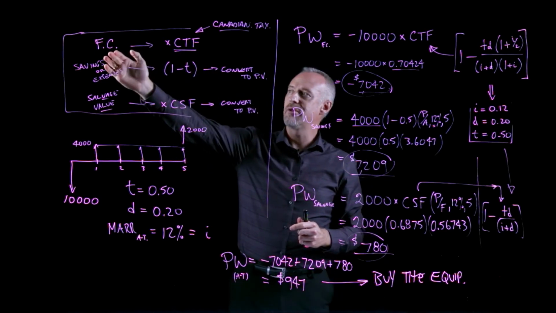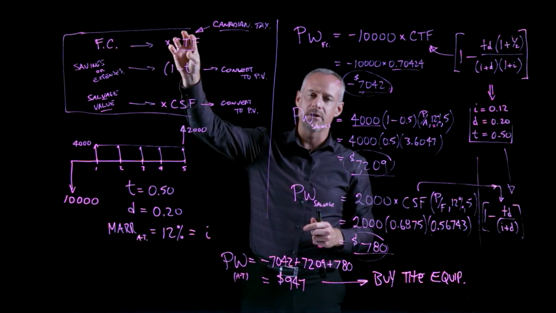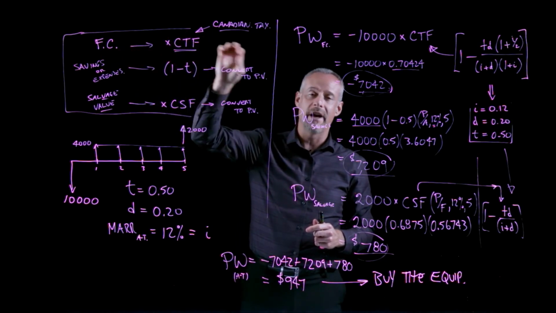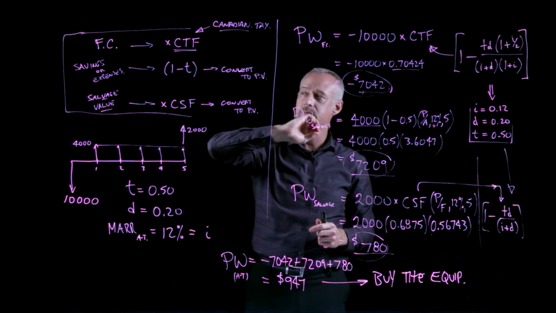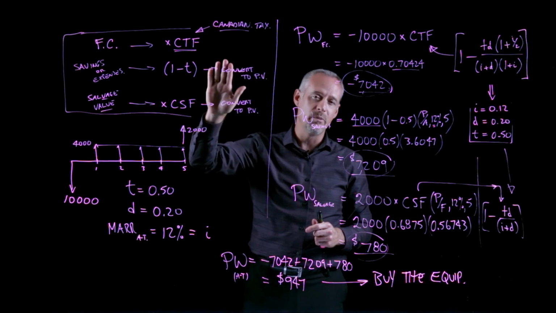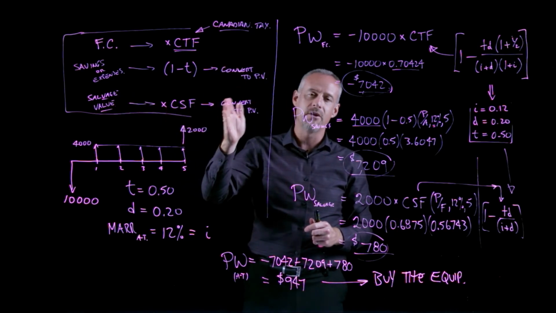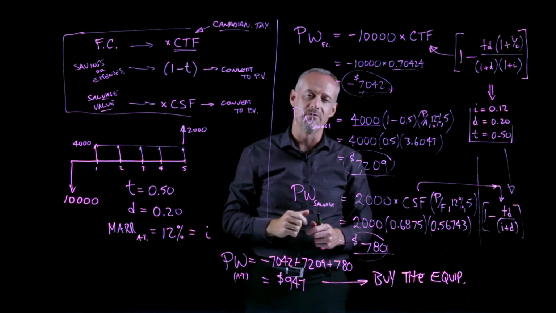So the only difference being that if we convert our first cost using the capital tax factor, we then have to convert that to an annuity. Any savings or expenses that are an annuity don't need to be converted. And our salvage value needs to be, again, converted to annuity rather than a present value.